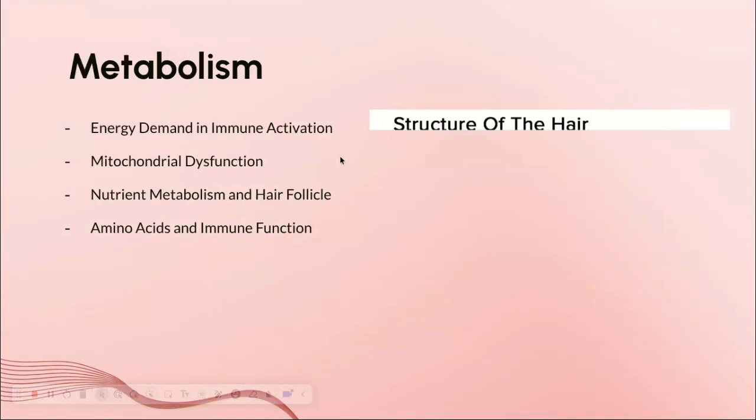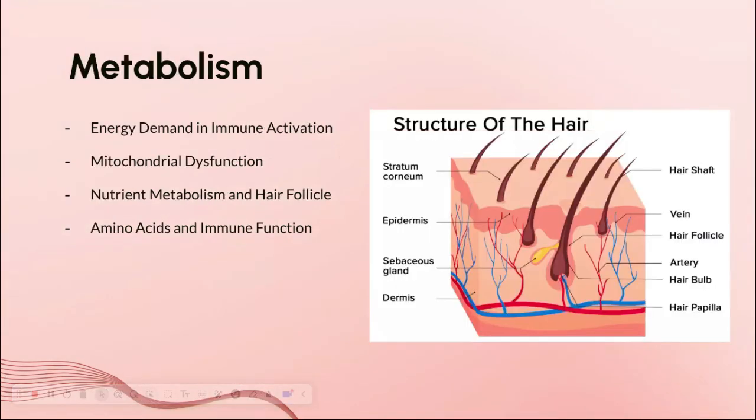So going into metabolism, the energy demand in immune activation. The immune system has high energy demands during an immune response, and processes like T cell activation, cytokine production, and antigen presentation require significant ATP, which is generated through cellular respiration.